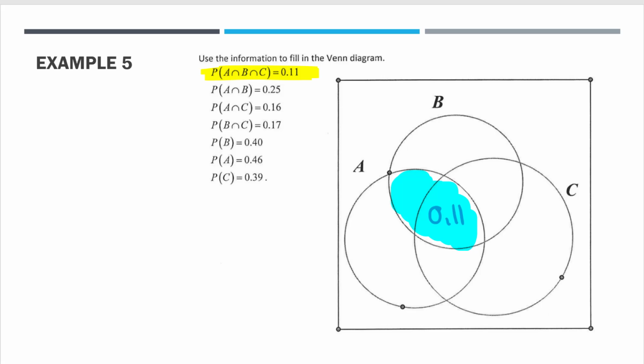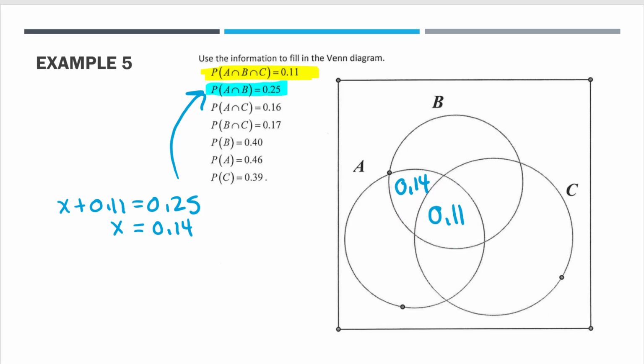So if we know that the entire highlighted part in blue is 0.25, if I put an X in the part that's missing, well, that means that X plus 0.11 is equal to 0.25. So I can rearrange this to solve for X. So X is going to be equal to 0.14. So I'm going to replace that in my Venn diagram.